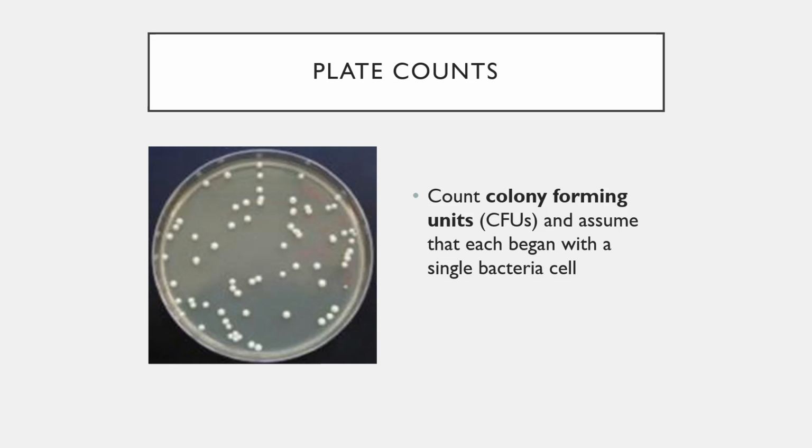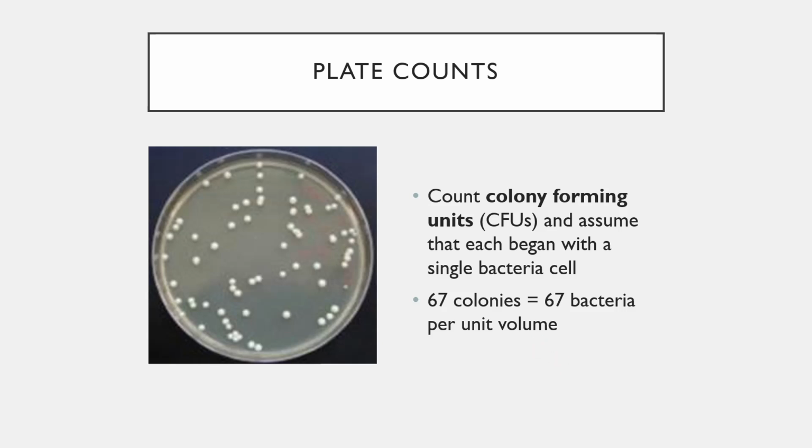And so in this way, we can count the number of colony forming units on the surface of the plate and use that to determine how many bacteria were originally in the culture. For example, if we look at this plate and we see that there are 67 colonies, we can assume that whatever volume of culture we spread on the surface of the plate, there were 67 bacteria in that volume.